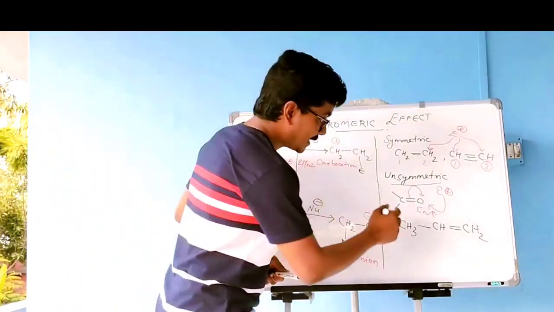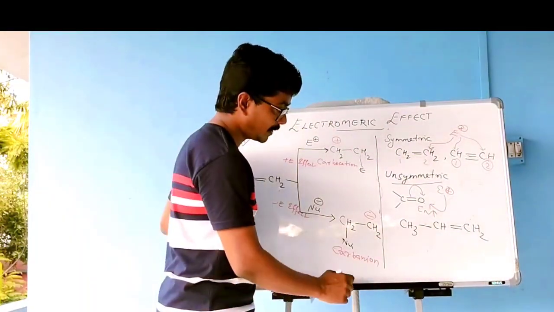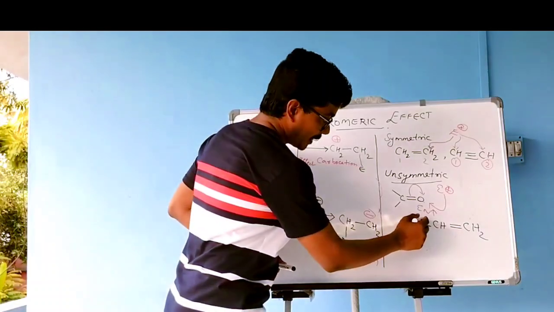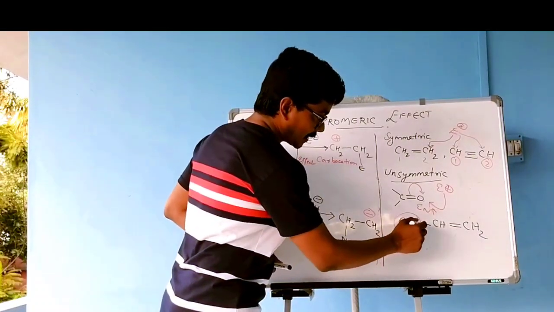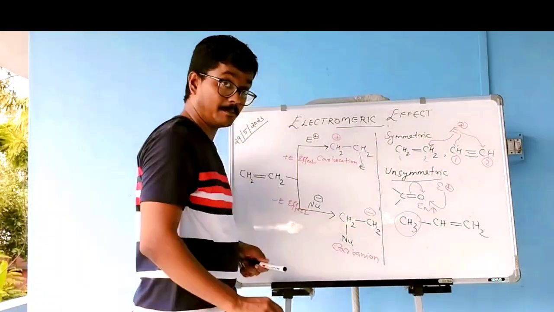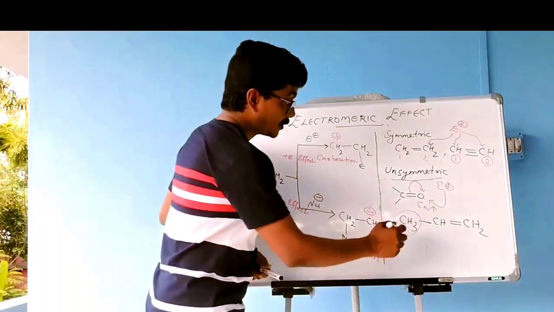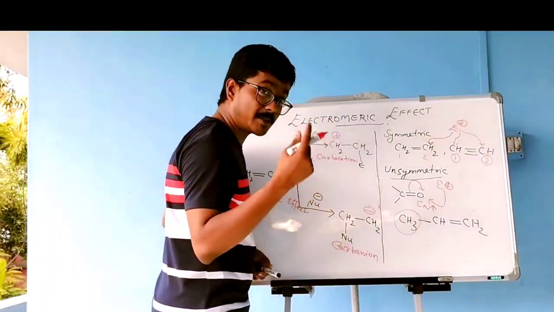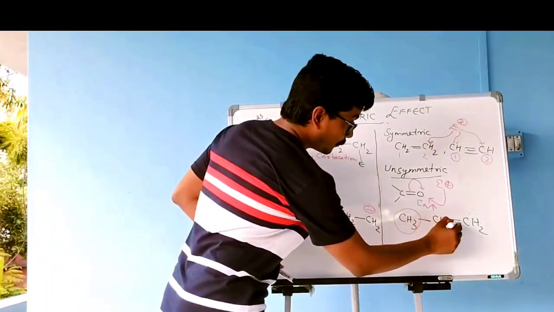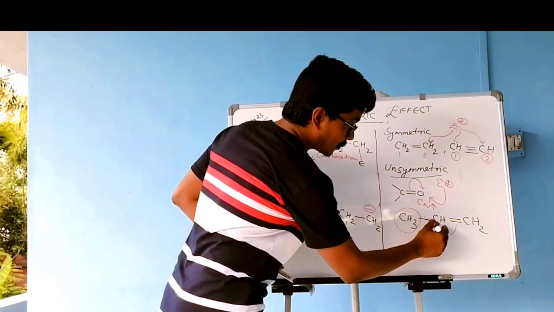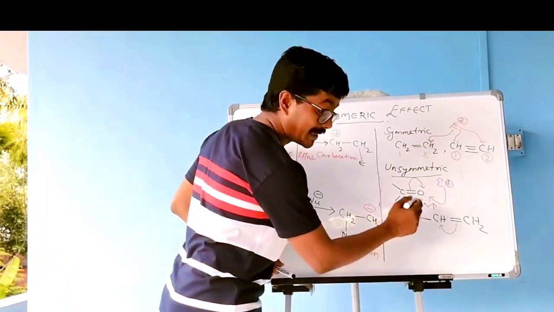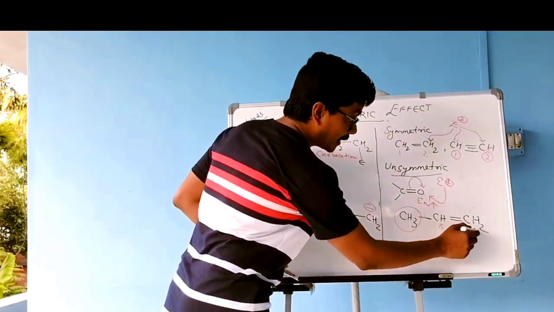Let's consider the second example. Here one alkyl group is attached to a double bond system. So we can expect two products, whether the pi electrons transfer to the middle carbon or to the terminal carbon.